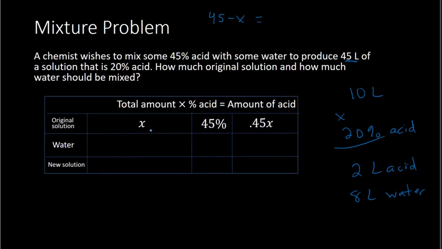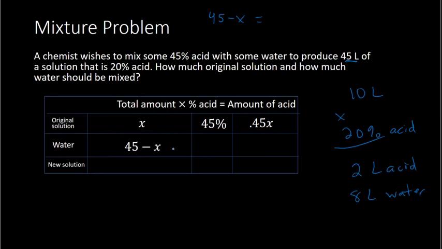Because let's say the original solution, there were 10 liters of the original, then the amount of water would have to add with 10 to get 45. So to figure that out, we do 45 minus 10, and that would give me 35. Now we don't know what the original solution amount is, but we do know that if we take 45 minus it, that will give us the amount of water. So this would be 45 minus x.